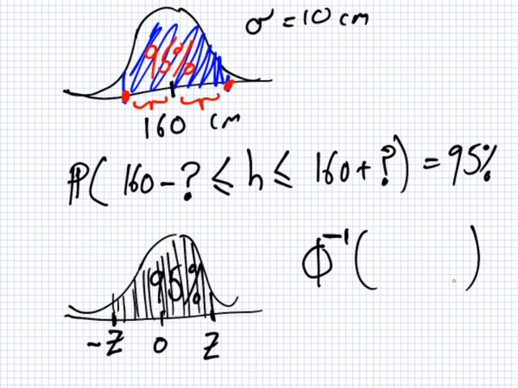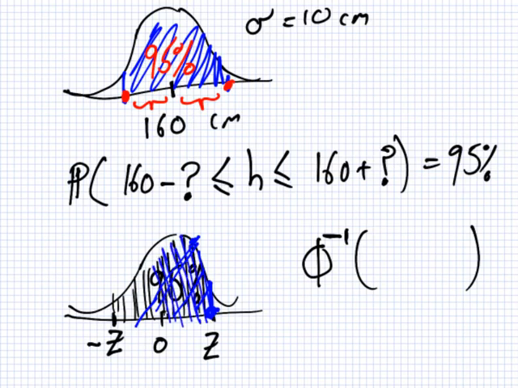So, you want the area to the left of Z to be what? What's the area to the left of Z?